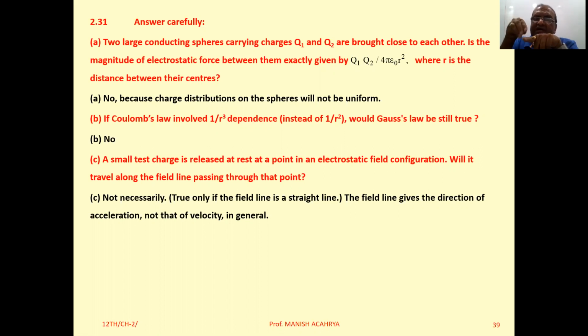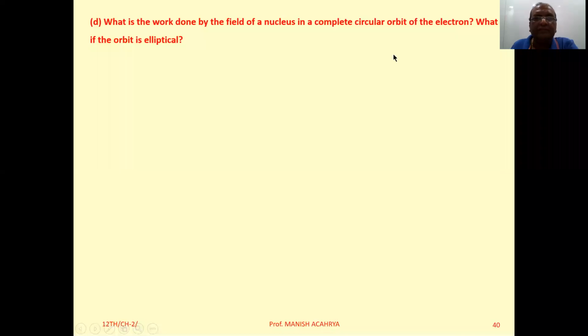So if any test charge Q is at that point, then force on it is QE, and force F equals MA. Means at a point where the test charge is on the electric field line, it will give you the direction of acceleration of that particular charge, not of velocity. So here we can't say it will travel along the field line. Clear to all of you?